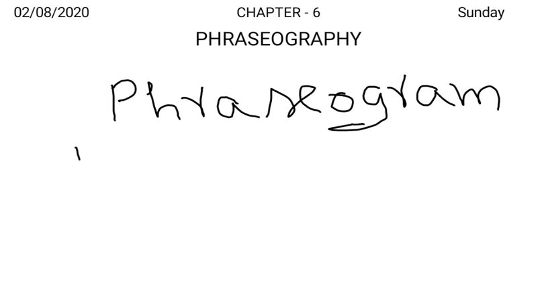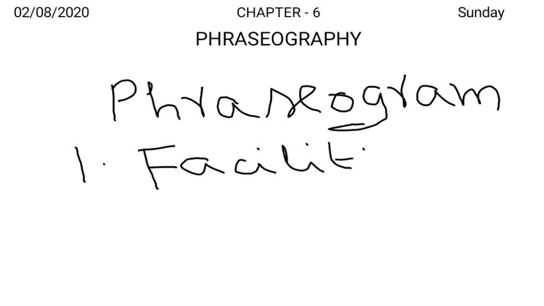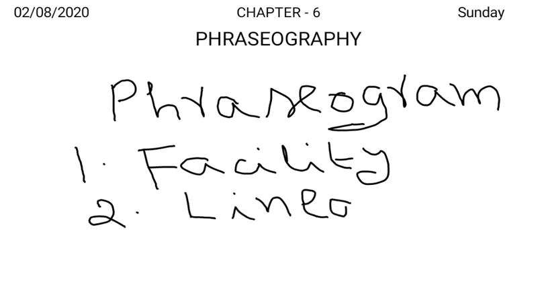That is, first one, facility. The second one is lineality, and third one is legibility.